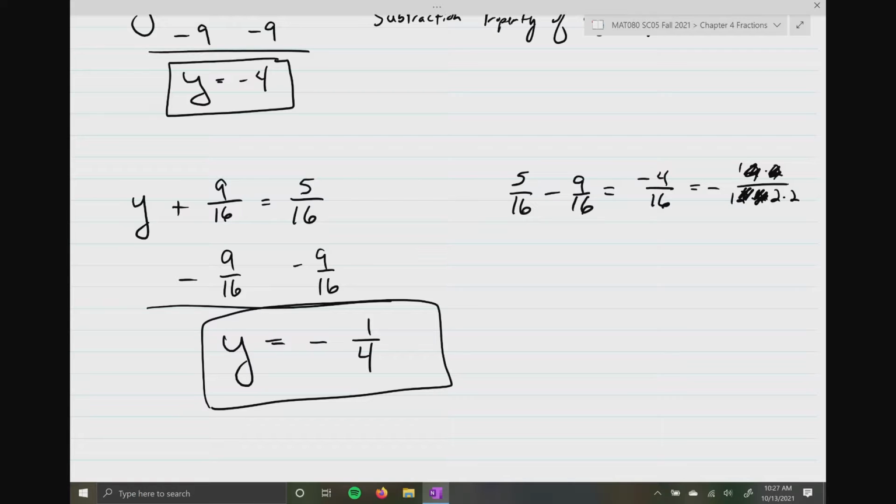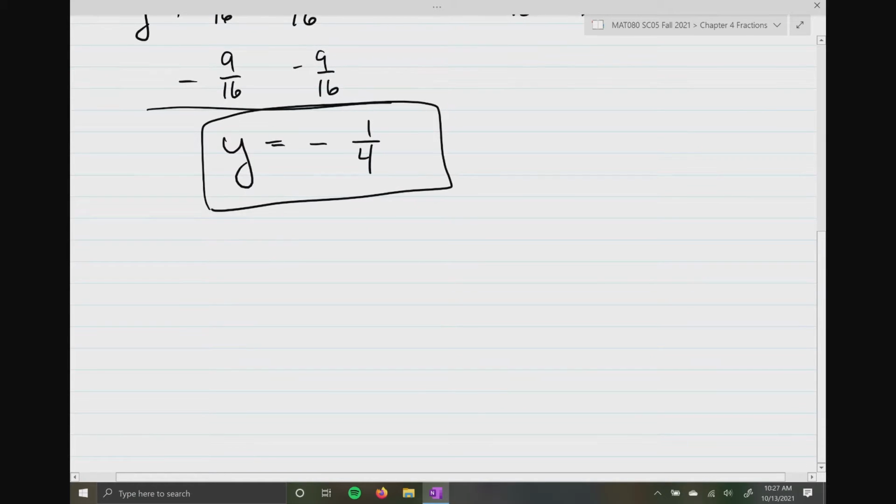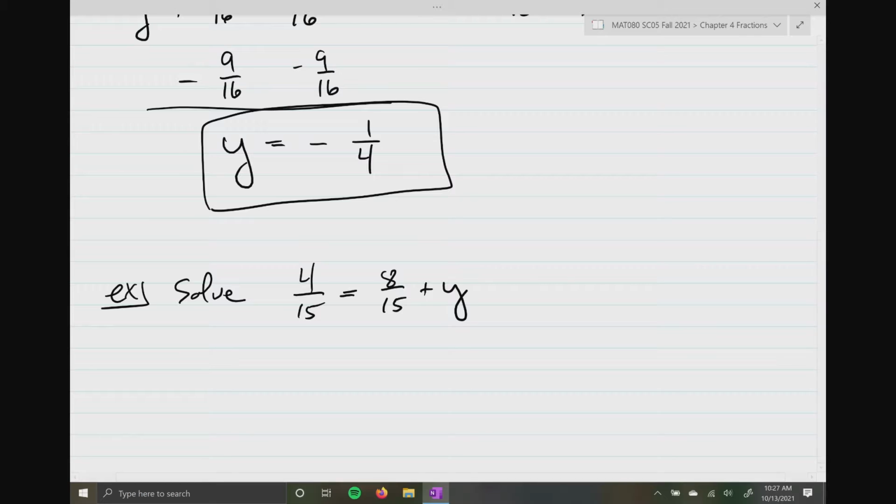It's just we're bringing everything together again, okay? All right? So I'm going to give you one to do now on your own, very similar to this one. Please try that. Solve 4 over 15 equals 8 over 15 plus y.